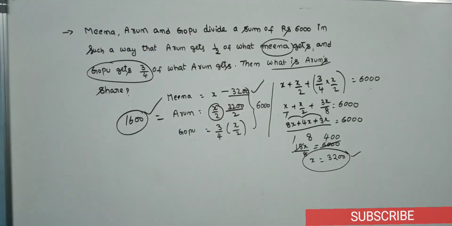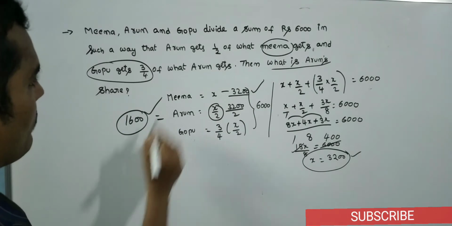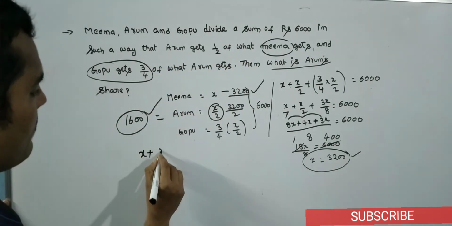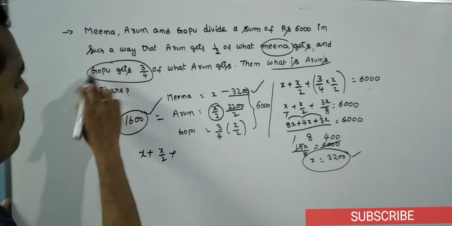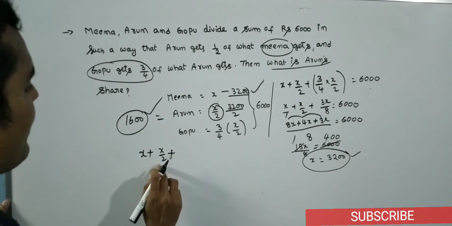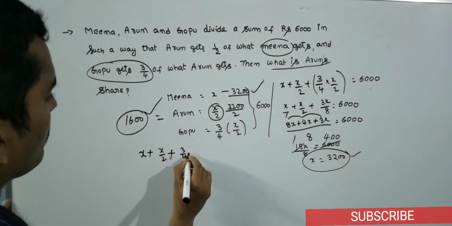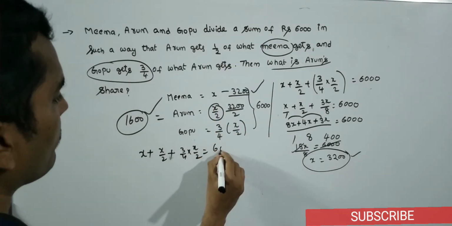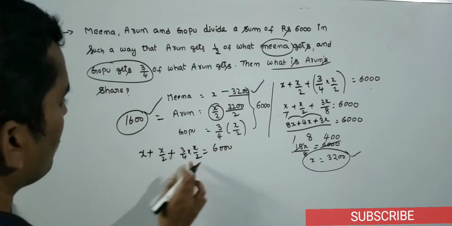While reading the problem itself, we will go straight away to this step. We will assume Meena's share is x, Arun's share is x by 2, plus Gopu's share how much? 3/4 of Arun's share. Then total equal to 6,000.